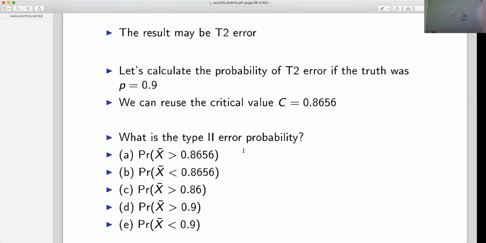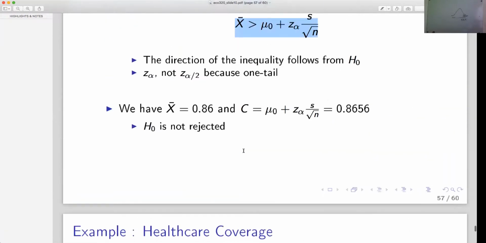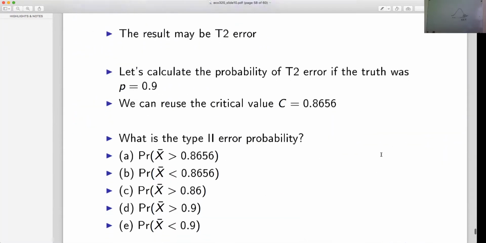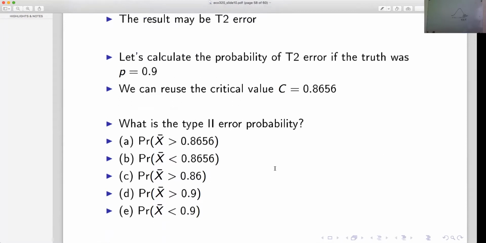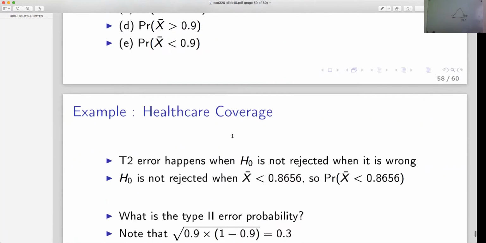So when do you not reject? This is actually a very important distinction. If your X bar is greater than the critical value, which is here, you do not reject, right? So you need to find the probability of not rejecting, conditioning on the true value, or whatever value you're testing.